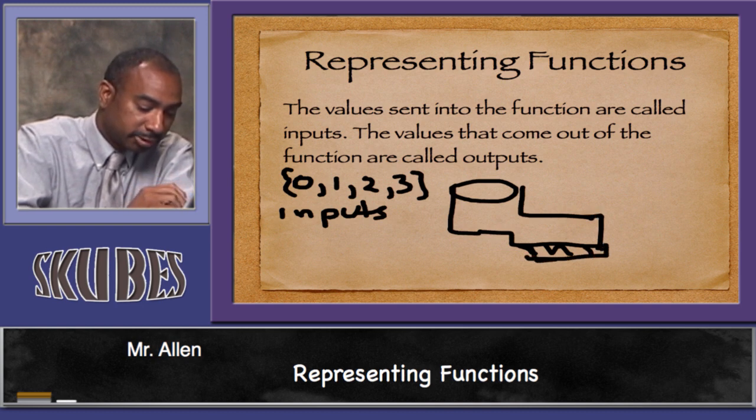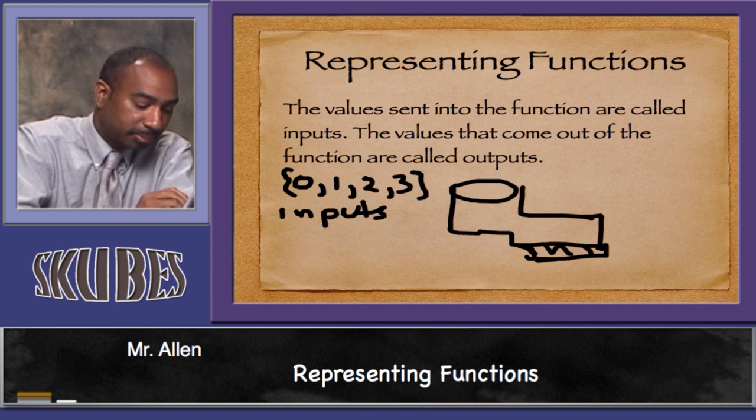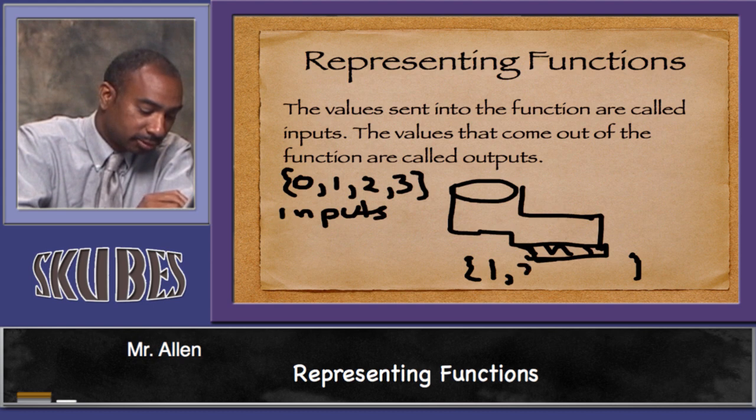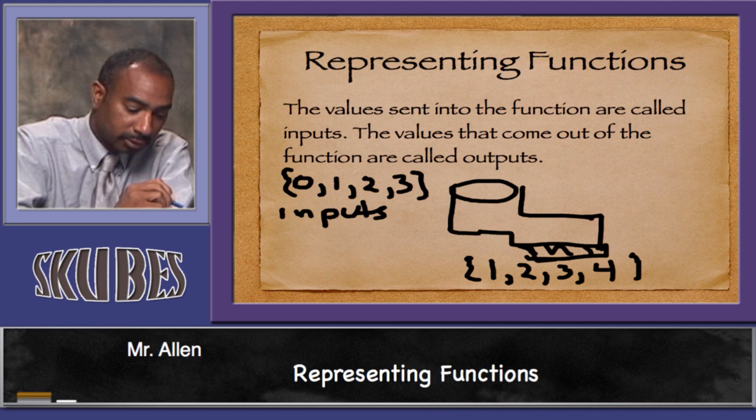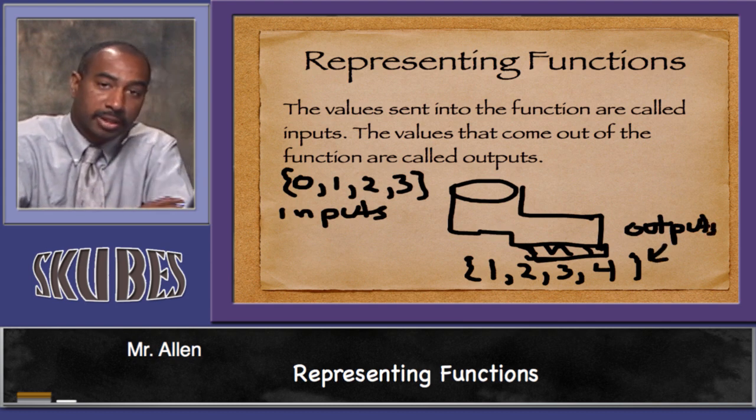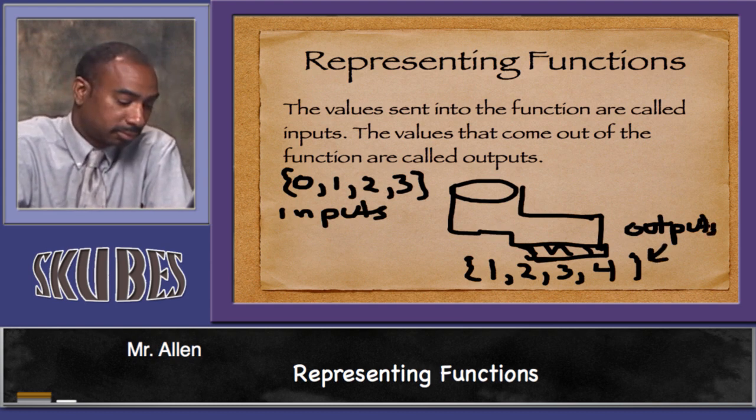And what comes out of the machine is called the outputs. Let's say I get 1, 2, 3, and 4. These would be called outputs. It's the product of what comes out of the function.